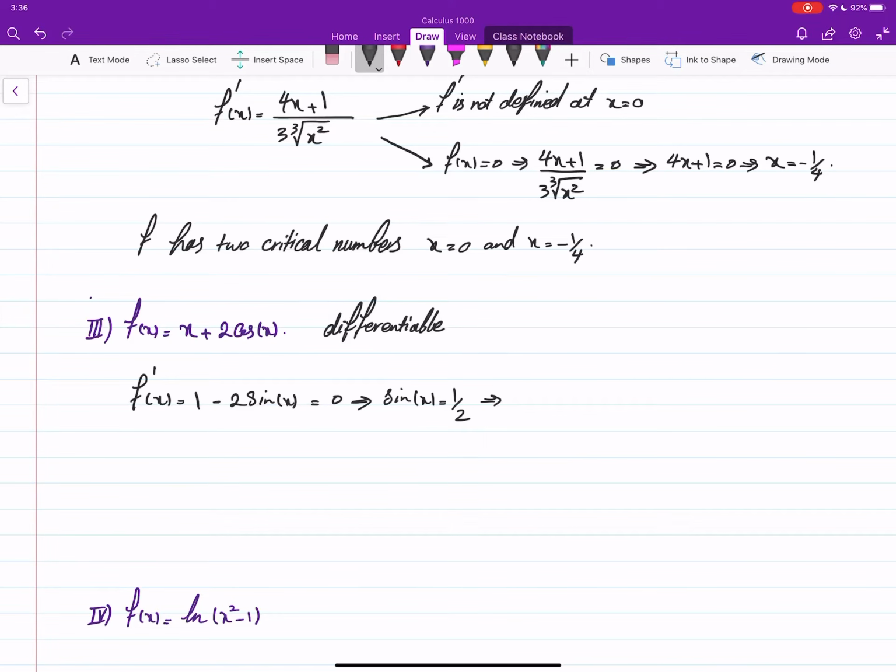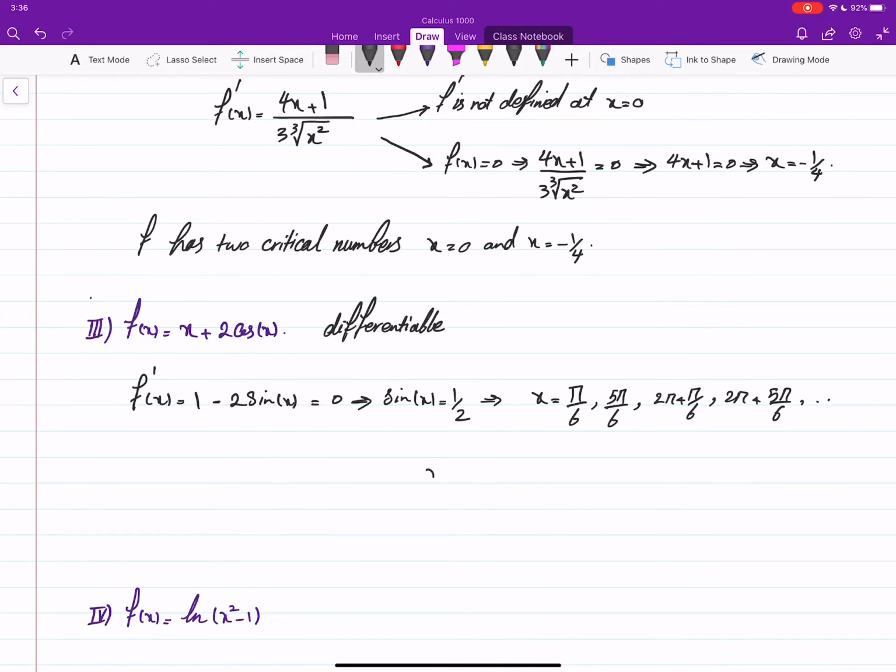From here you know that, for example, the sine of pi over 6 is 1 over 2. We can also have 5 pi over 6, or we can go around 2 pi and come back, so 2 pi plus pi over 6, or 2 pi plus 5 pi over 6, and so on.